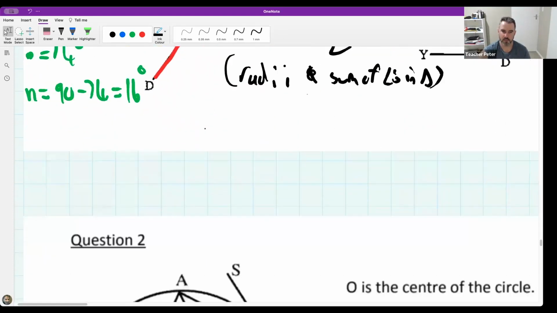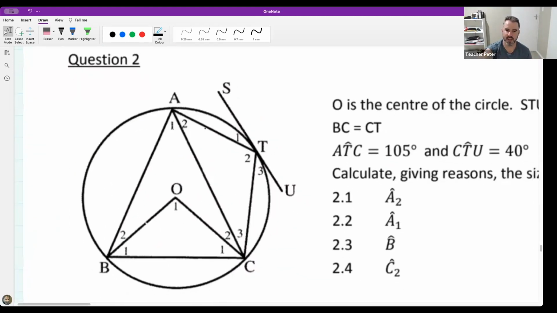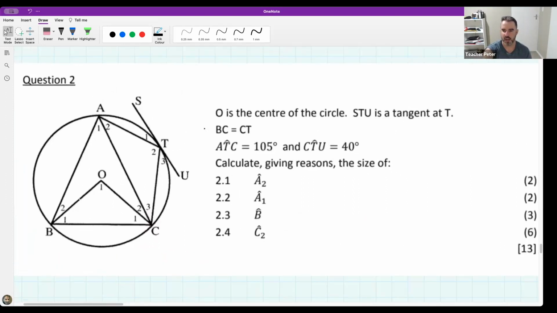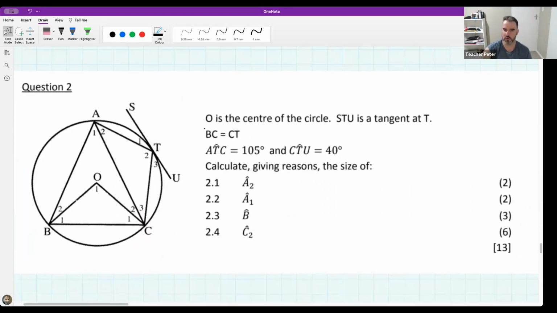Okay. Now, last question for today is an exam-like question. And I'll show you the mark allocation, just to go over what you've got. O is the center of the circle. STU is a tangent. We also are given that BC is equal to CT.